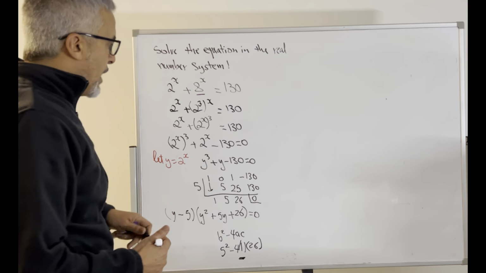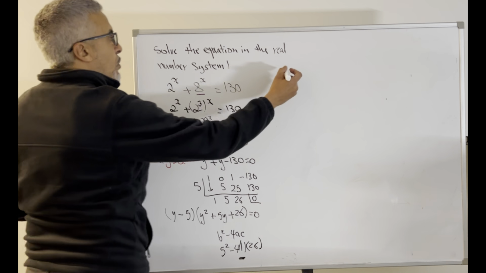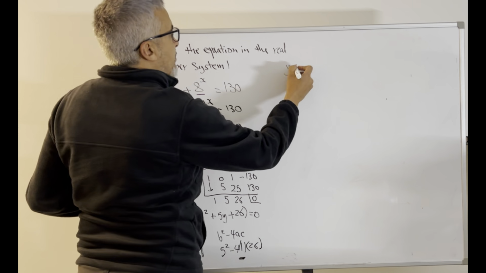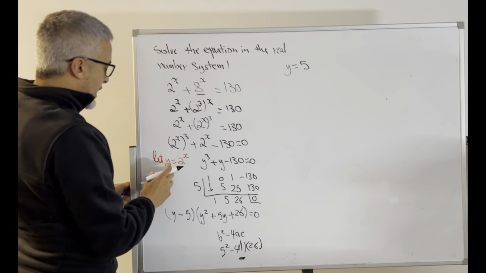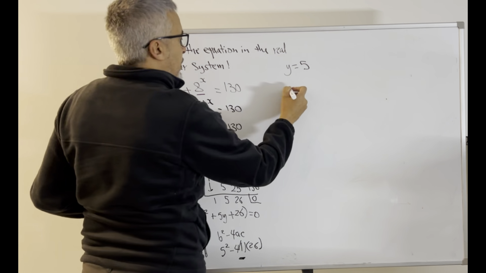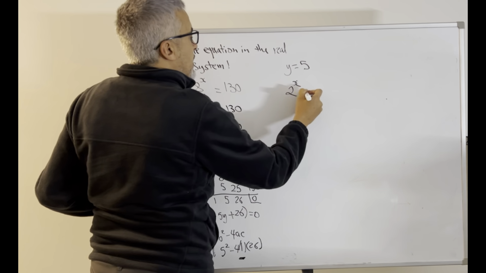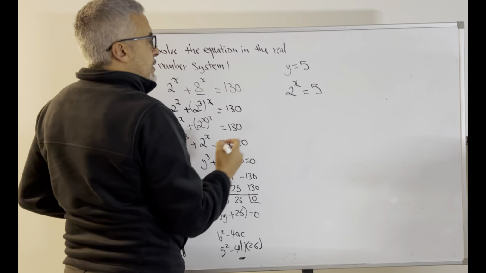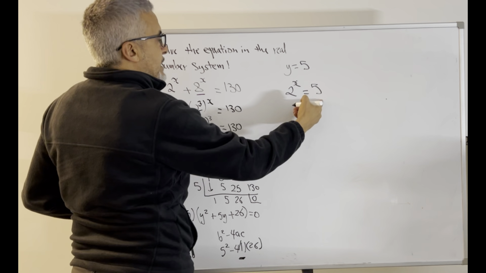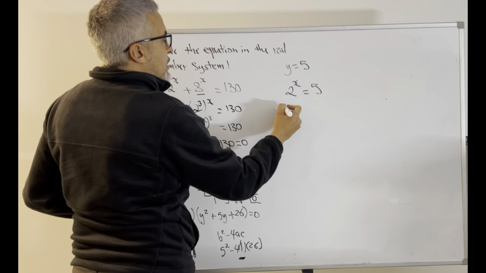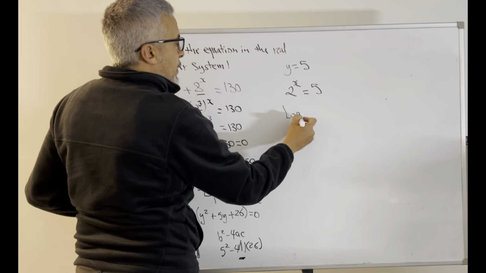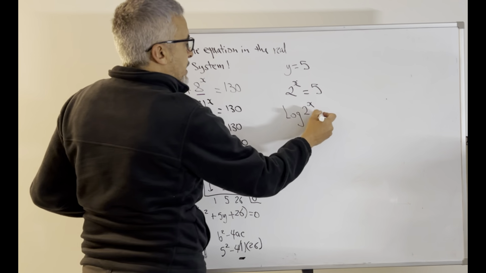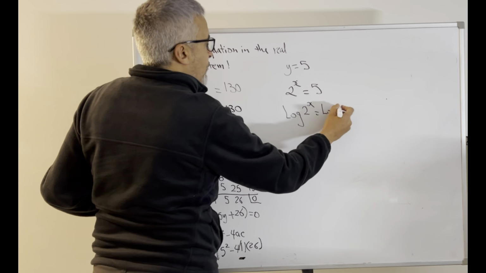And now, from here we know y equals 5. And since y is 2 to the power of x, so now we know 2 to the power of x equals 5. To solve for x right now, we gotta log both sides. So log 2 to the power of x equals log 5.